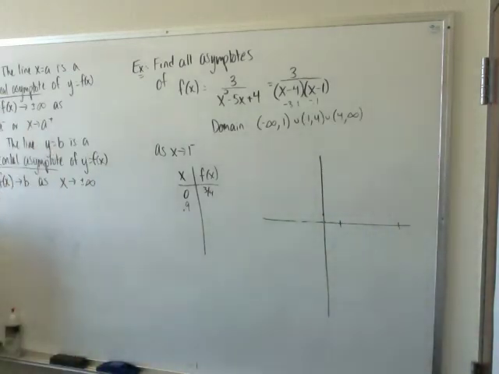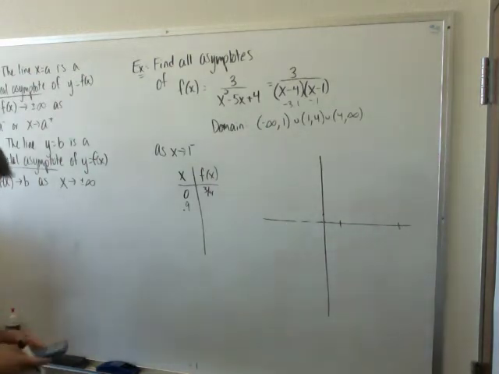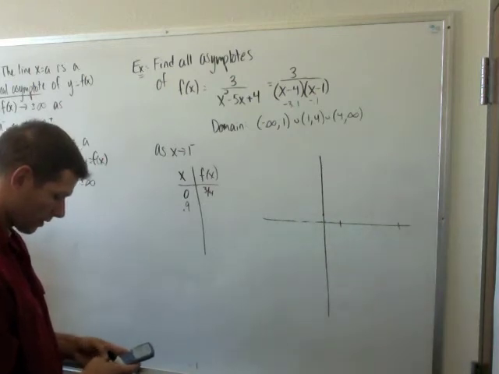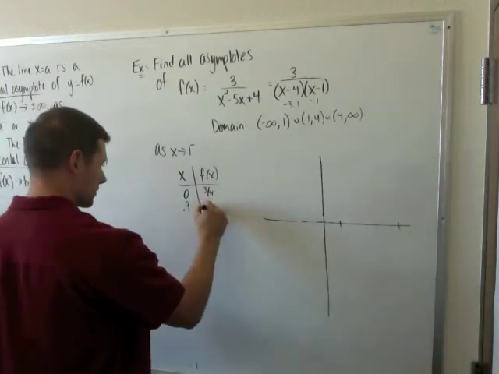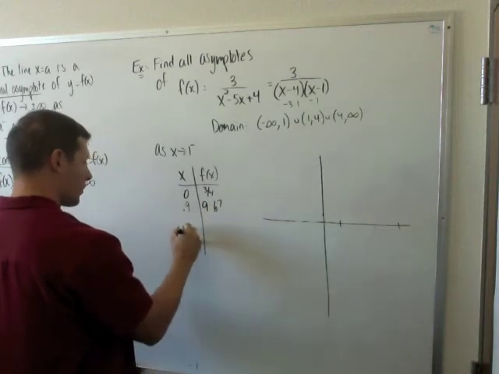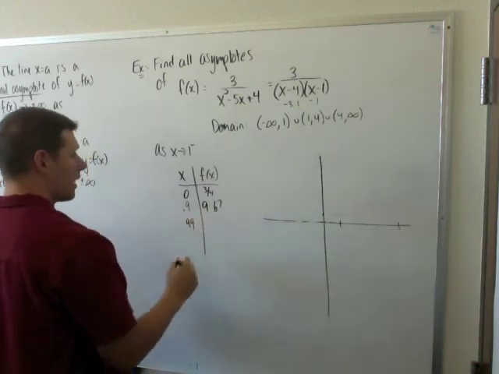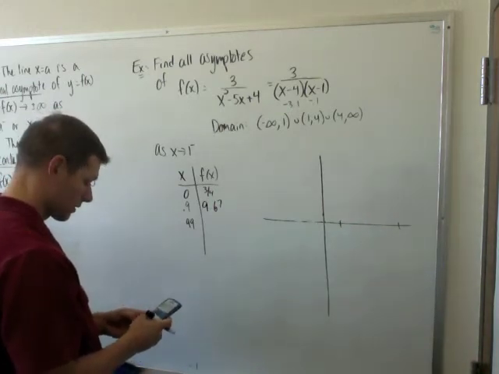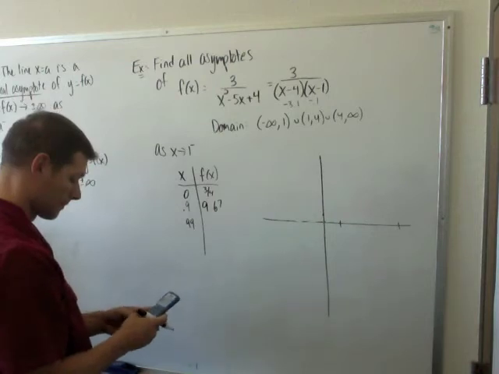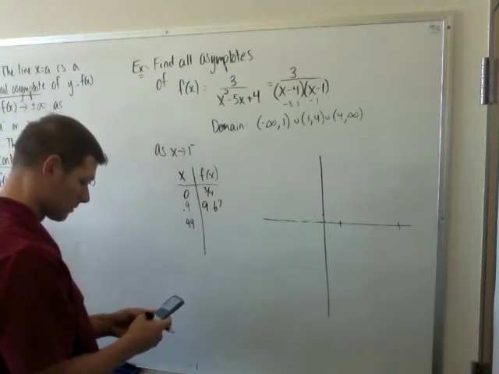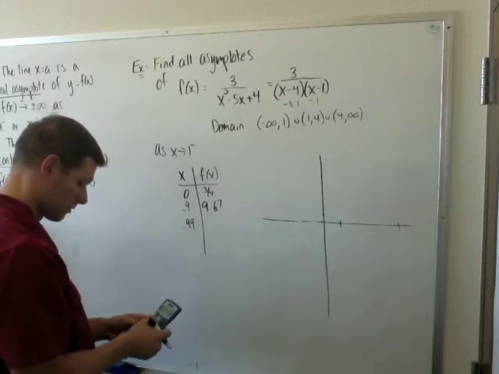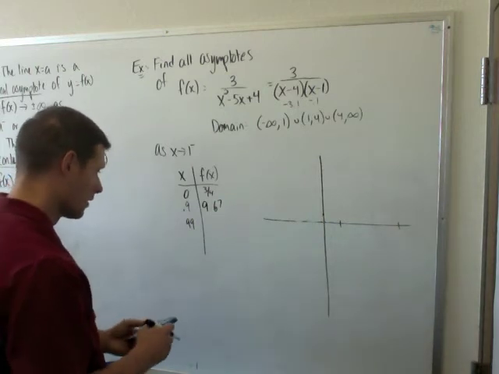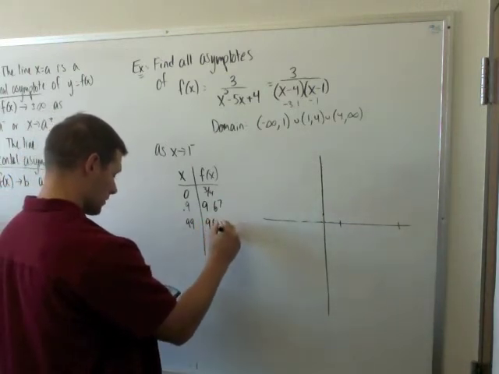Calculator. I don't know exactly what number it is. 3 divided by 0.31, I got 9.6. And what happens if I put 0.99 in there? Then I'll have 3 divided by, and I get 99.667.